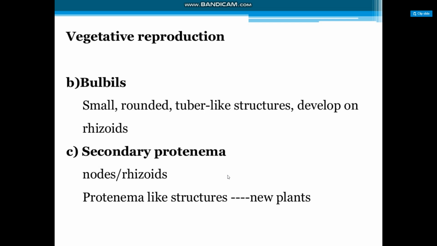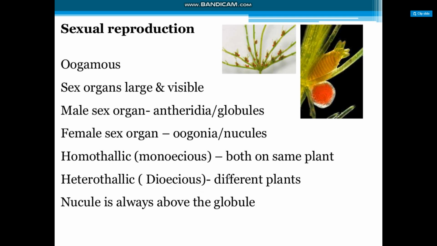The third is secondary protonema, arising from nodes and rhizoids, protonema-like structures that form new plants.